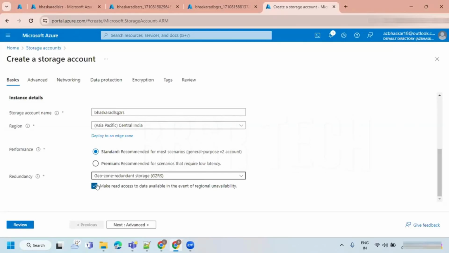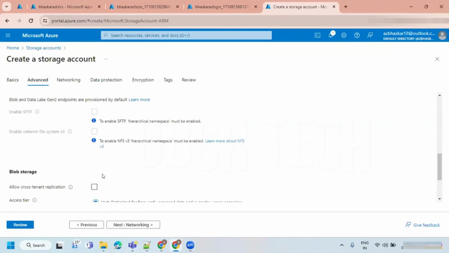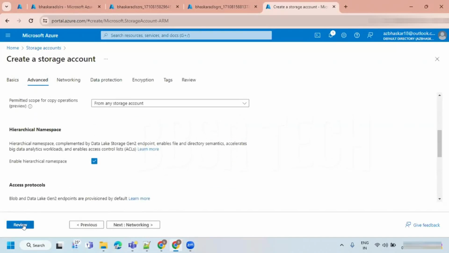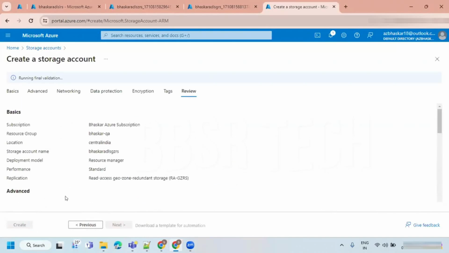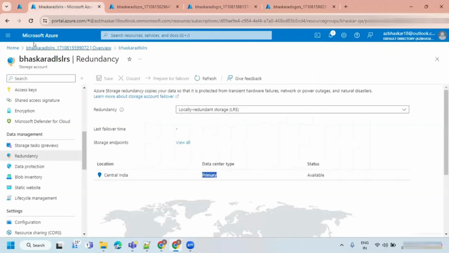You have to do something else behind the scenes to make the secondary region's data available as a primary region. We are not going to do all that because that is purely related to administrators. I'm just selecting read access directly here. Let's make this checkbox, review it, and create.